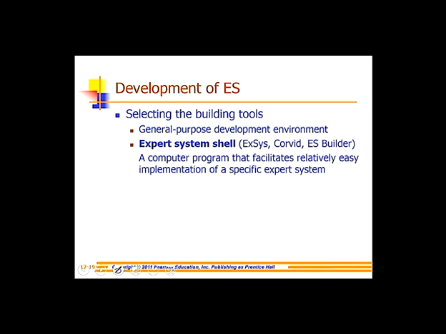Next is to select the building tools. We can develop any expert system by a general purpose development environment. You know that an expert system is nothing but a chain of if-else statements. All the rules are represented in the form of if-else statements.